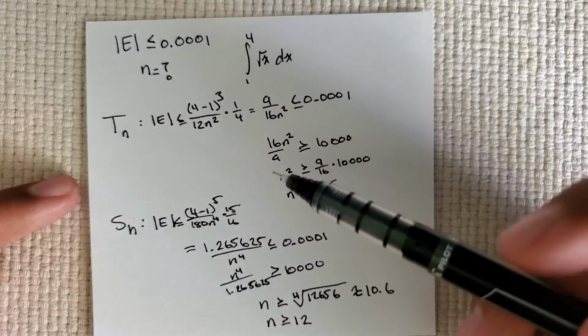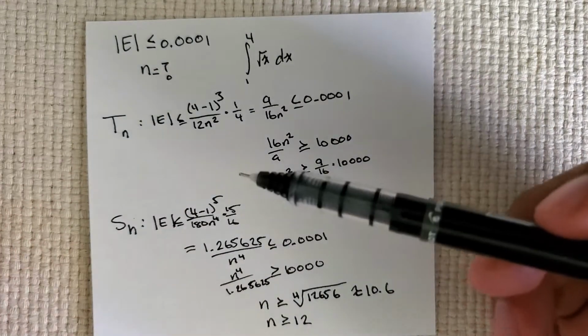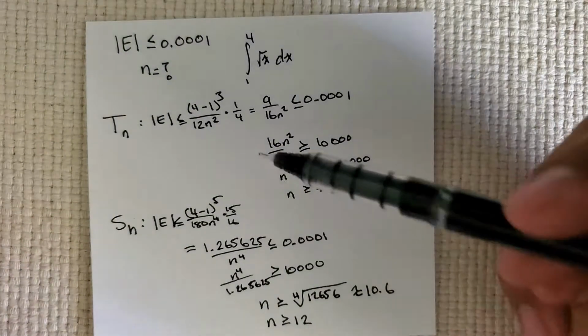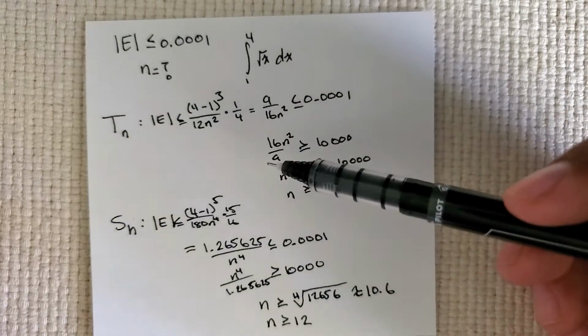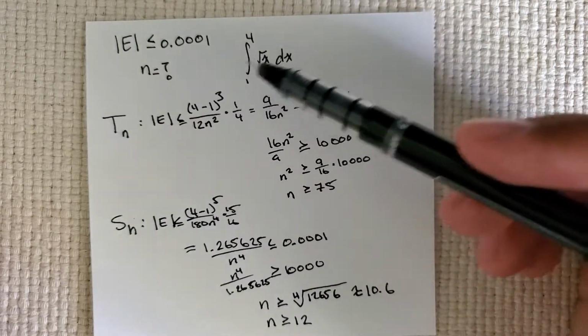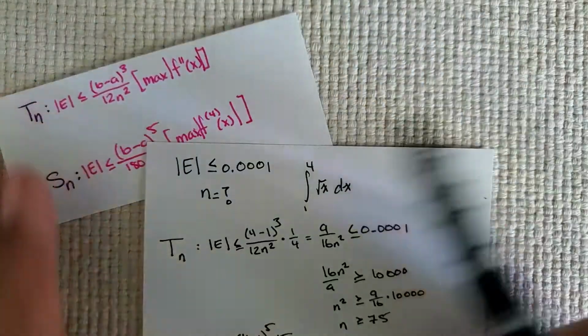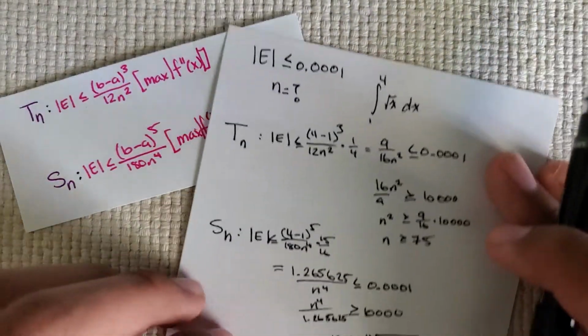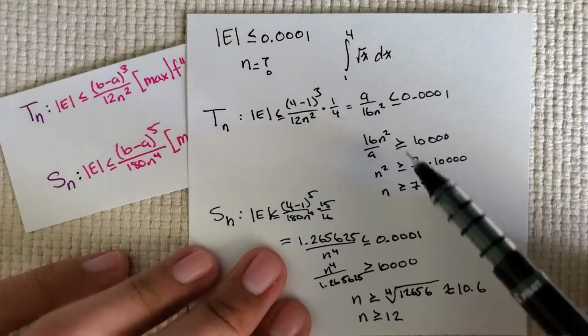And for the fourth derivative, that maximum point ended up being 15/16. So those will come into play using both the trapezoidal and the Simpson's rule, where we plug in that equation, including that max derivative that we saw earlier, and we actually end up solving for n.